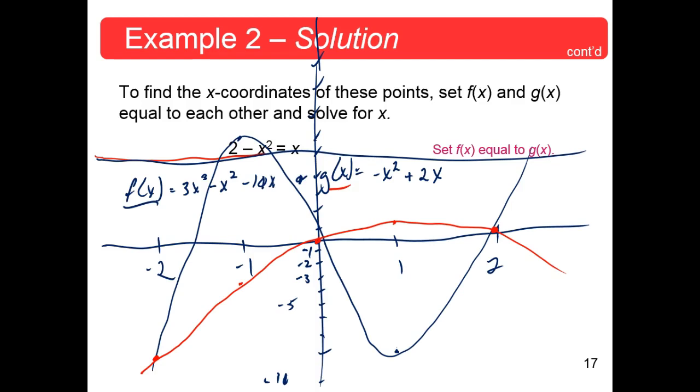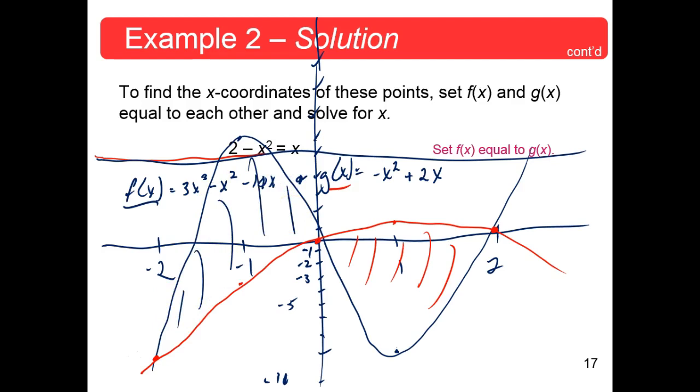All right, now what does that tell you? G of x is the upper limit. Okay, g of x is the upper limit on this part, but f of x is the upper limit on this part. So we've got two integrations to do, because we want the area in between.